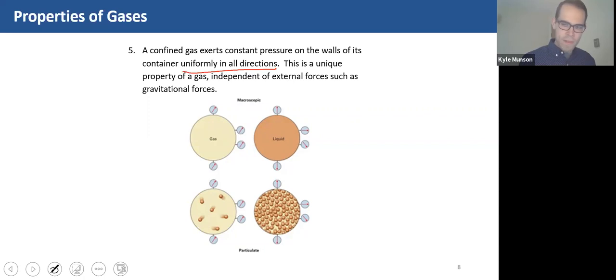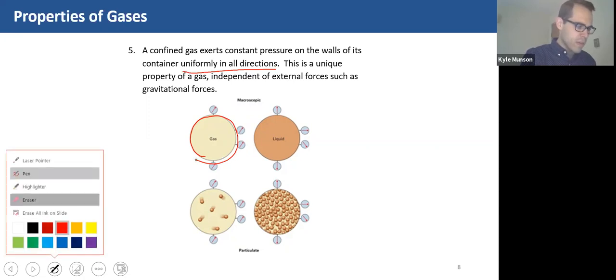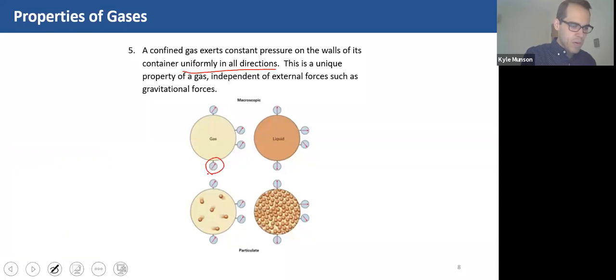Well, hopefully this makes sense, this diagram here that's also found in your textbook. But let's say we had a container basically like this guy, okay? And the one on the left is filled with a gas and the one on the right is filled with a liquid. And these guys here are pressure gauges, okay?